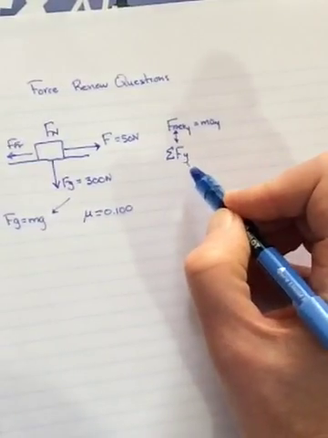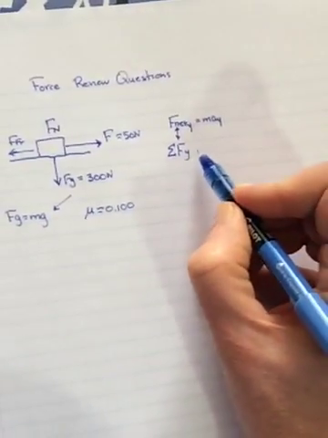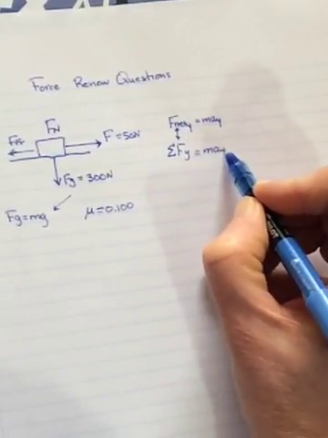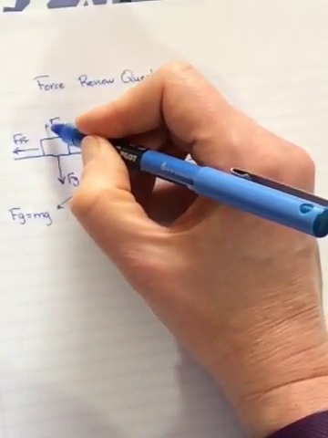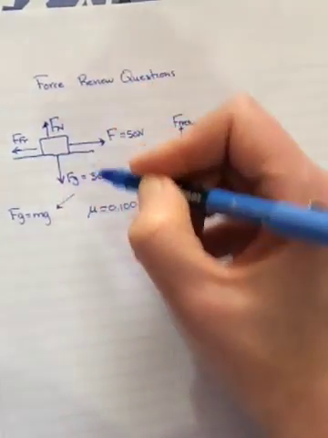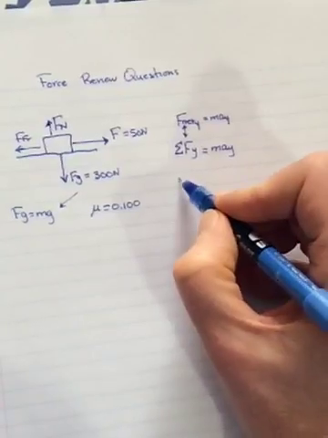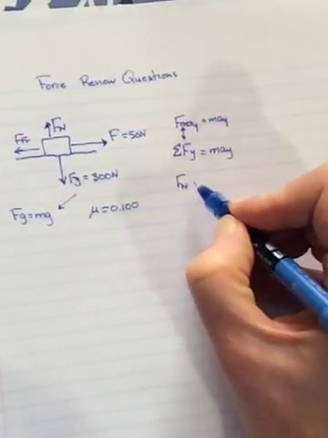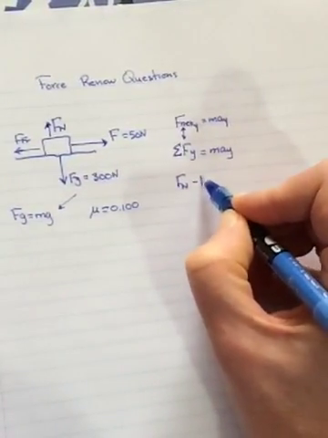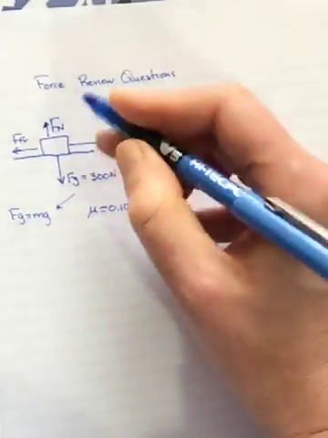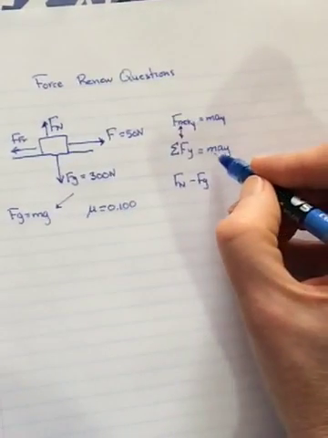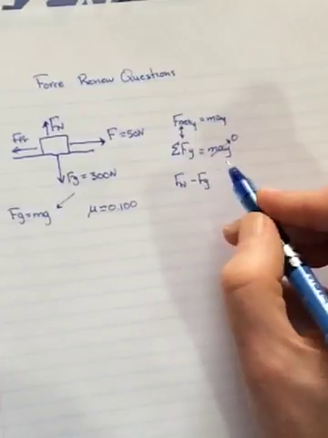I just find it easier to write sigma than F net is equal to ma. So you're going to do the sum of the forces in the y direction. So you have the Fn going up and the Fg going down. So I'd call up positive. So it would be Fn minus Fg because that's going down. And this thing isn't moving in the y direction, so this goes to 0.